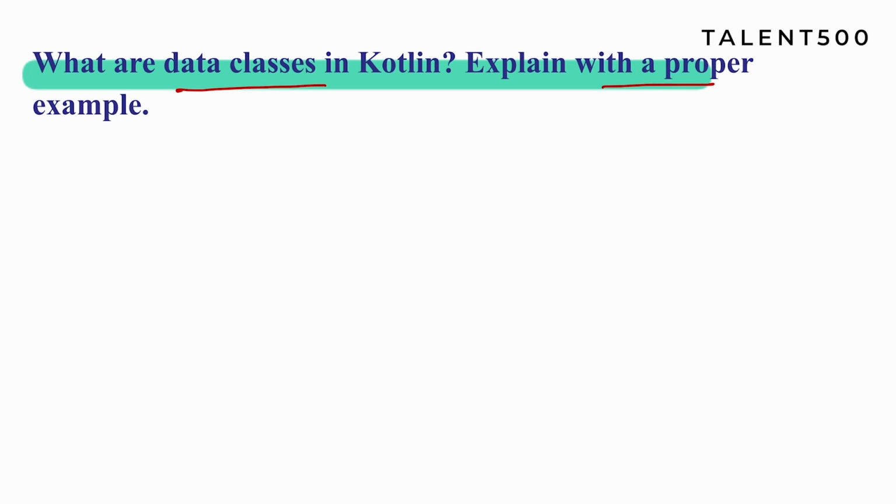So let me tell you, data classes are those classes which are made just to store some data. In Kotlin, it is marked with the keyword data. Let's say I'm creating a class and the class name is, for example, developer. We are developers, right?